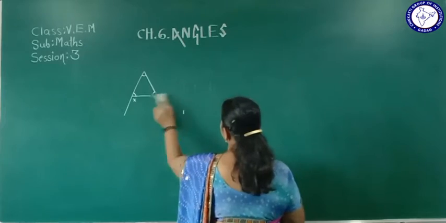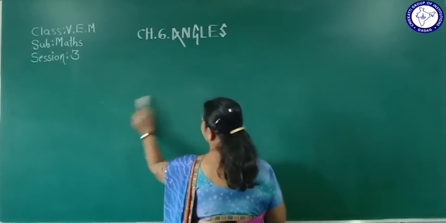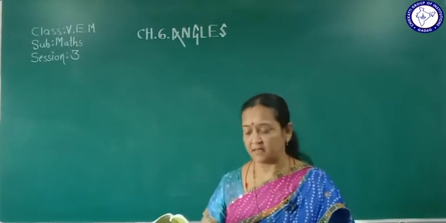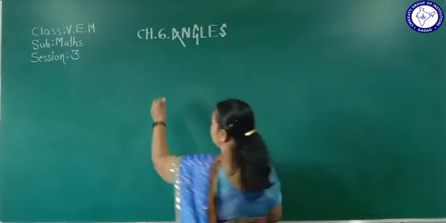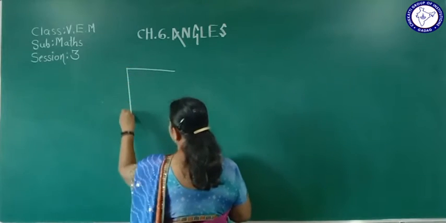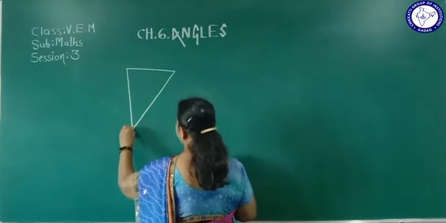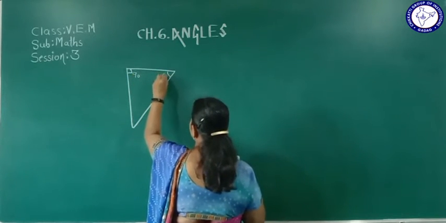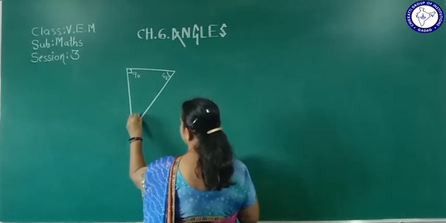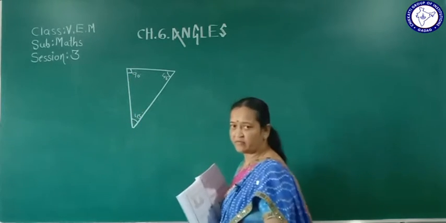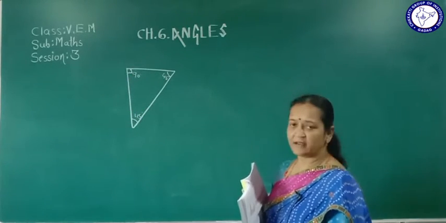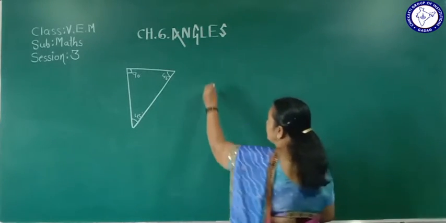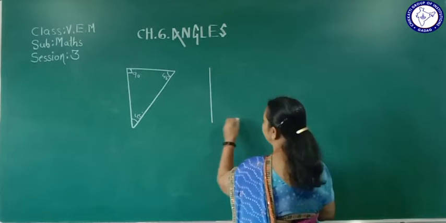Set squares we find in our compass box. So one set square you will find like this. Here you will find 90 degrees and the other two angles are 45 degrees. Got this? One angle is 90 degrees and the other two angles are 45 degrees. Then there is another set square.